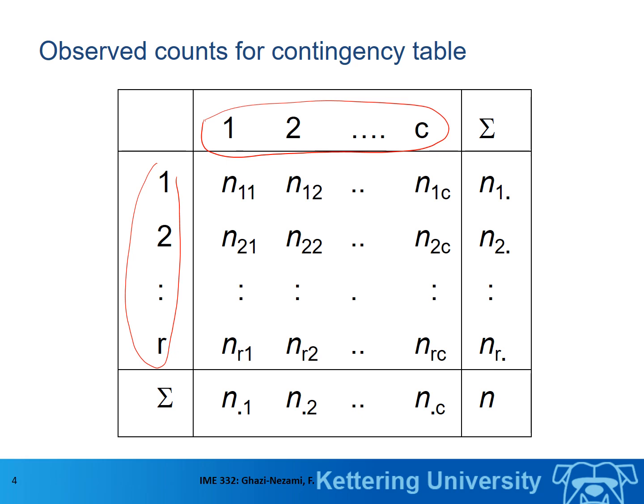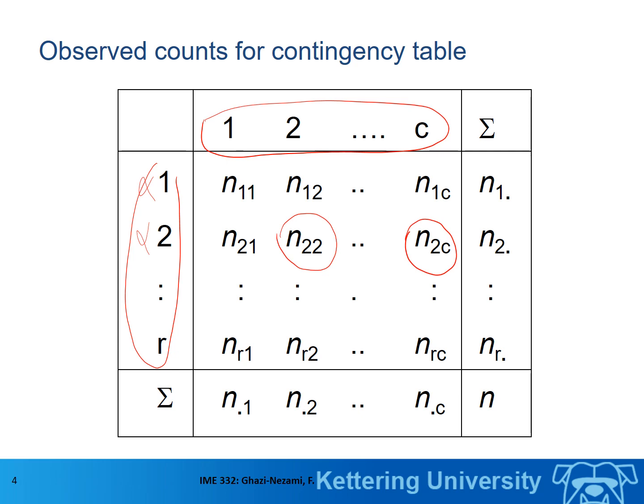And R was the type of jobs or types of contracts, which was equal to 2 because I have only two types of jobs, salaried and hourly workers. The numbers that we see in each cell, for example, N22 is the number of people who are in row 2, column 2. N2C is the number of people who are in row 2, column C, or second class of direction 1 and class C of direction 2.